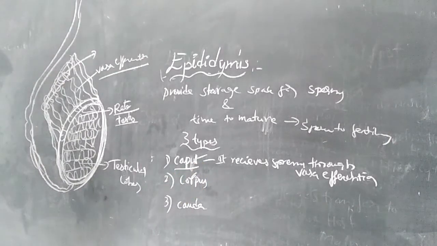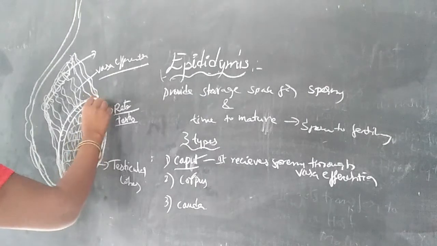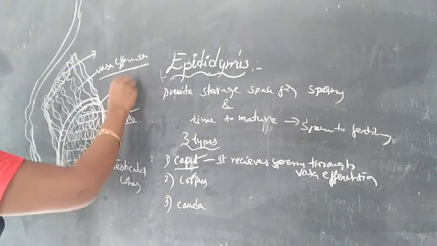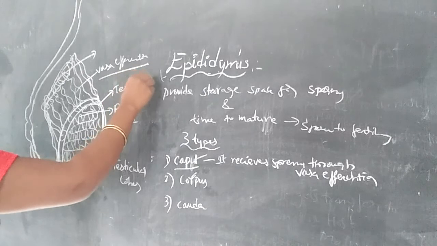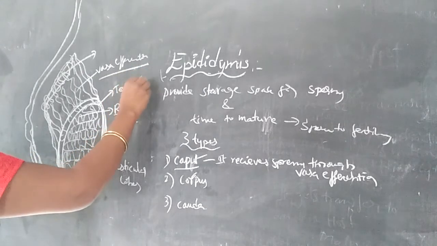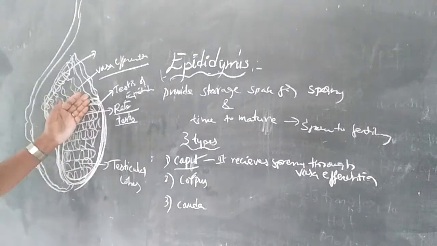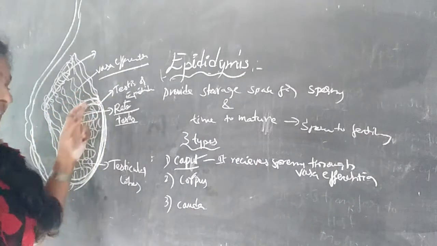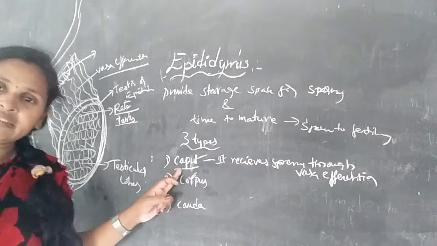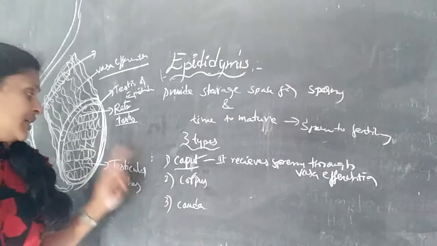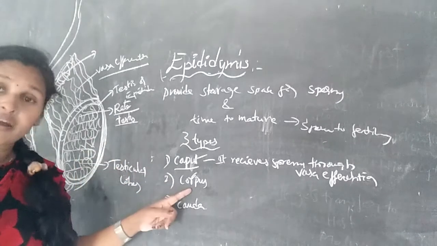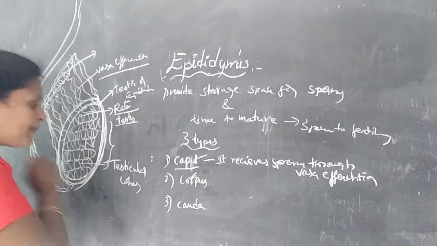The caput epididymis is the upper part of the epididymis. The upper or anterior part of the epididymis is called the caput, and the middle part is called the corpus.